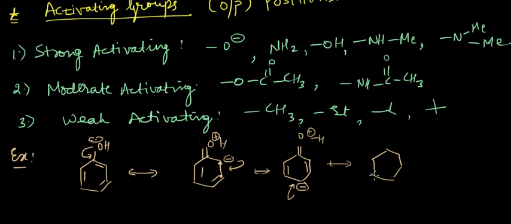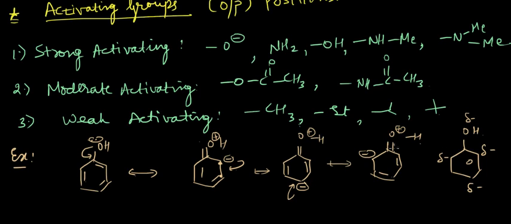The same resonating process repeats itself, and negative charge will come here with O plus H here and double bond here. So what we can see in the resonance hybrid is that partial negative charge is on either the ortho positions or the para position.